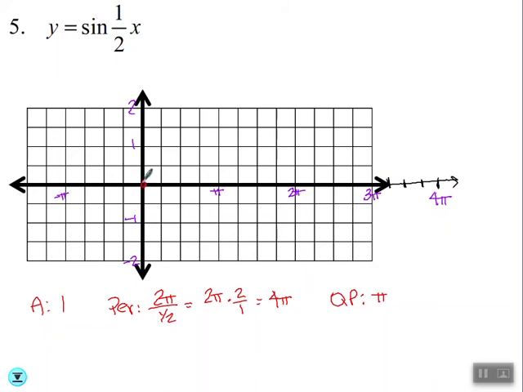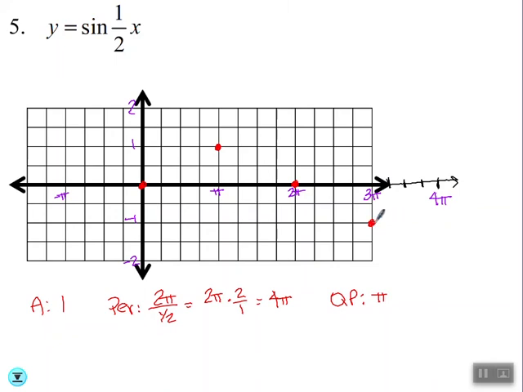So if I start at 0, my next key point, the high point, should not be until pi. So that'll be the high point. Then 0 will be at the next multiple of pi, which is 2 pi. Then the next key point, which is the low point, will be at the next multiple of pi.